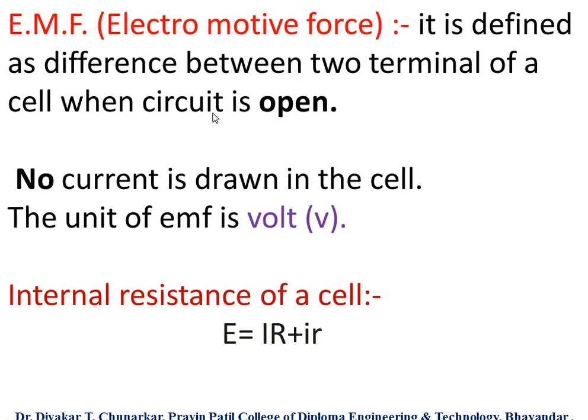There are two types of circuit, open circuit and closed circuit, but in the case of EMF, the circuit is open. Keep in your mind, this question arose in your examination in the last 2 years: EMF is defined as, with options open circuit, closed circuit, both A and B, and none of them. Our answer is open circuit.